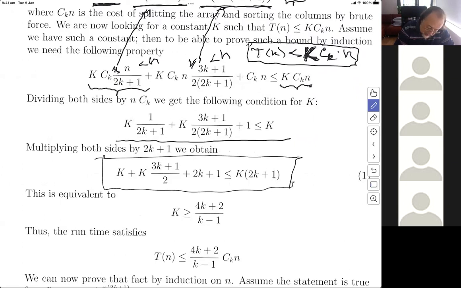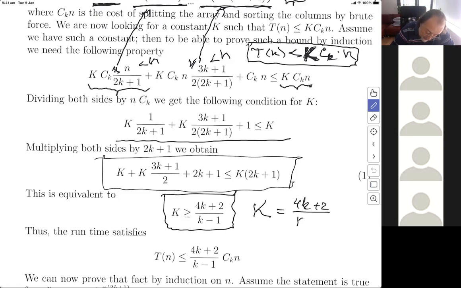And you can now put all capital K's on the left and all small k's on the right, and you get that this inequality, it was just plain algebra, reduces to K bigger than or equal to (4k plus 2) divided by (k minus 1). And so if you take K bigger or equal than this, any number bigger or equal than this, and you can in fact take capital K to be equal to (4k plus 2) divided by (k minus 1), right?